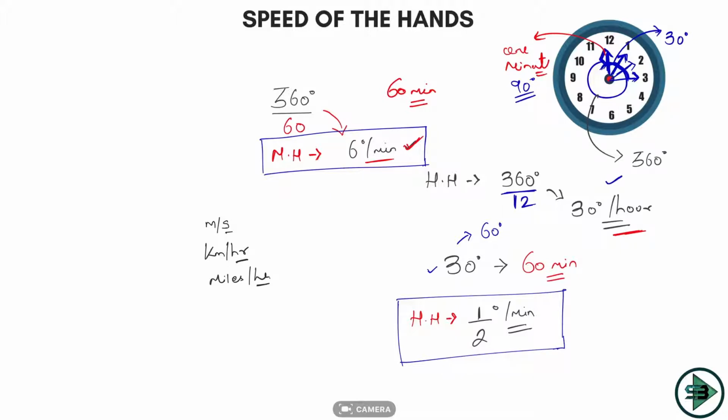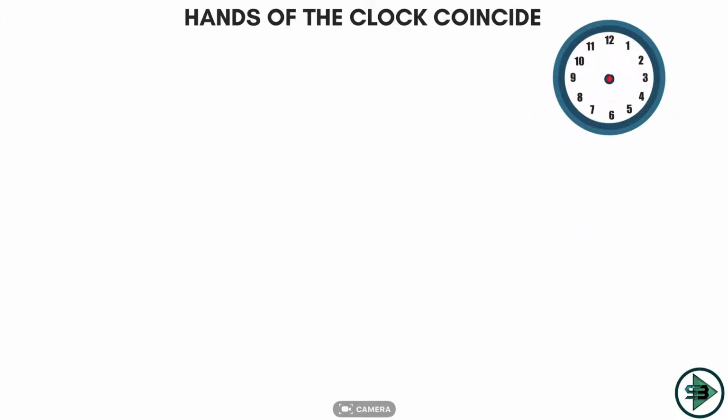The hand is moving in a circle, so it will cover only degrees of distance. So the distance here is in terms of degrees. It's nothing but normal speed only, but the distance here is in terms of degrees because the hand of the clock is traveling across the circle. Okay, that's the first thing you need to know, the speed of the hands, even before we start with this class. So after knowing the speed, let's come to the types of problems.